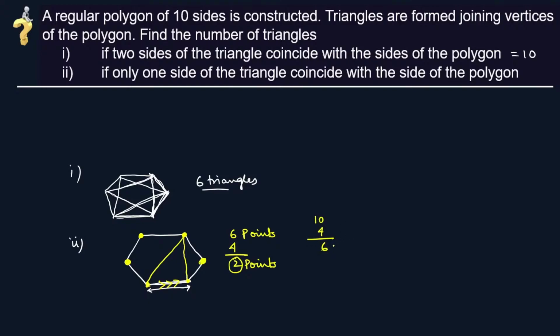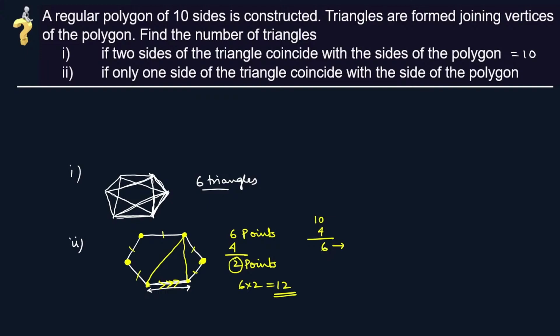So there are 6 points available by choosing one side. Now, for a 6-sided polygon, we have 6 such sides. So for 6 such sides, the total number of triangles formed, following our condition, will be 6 into 2, that is 12 such triangles. Tell me yes or no. So in our problem, we have 10 sides.